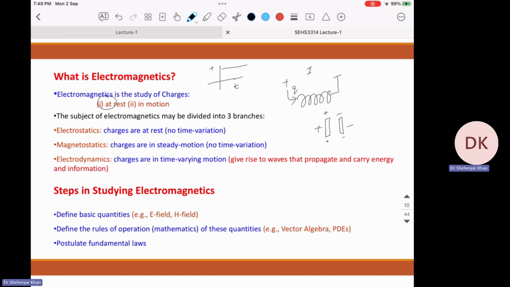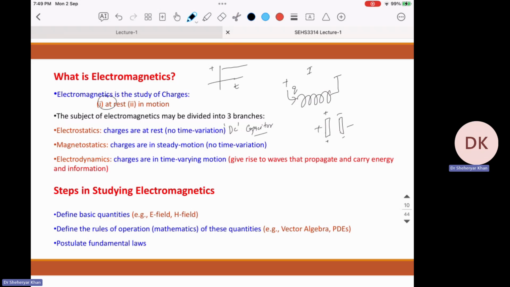No time variation means DC, direct current, right? And charges means there's only electricity. So the example is a capacitor and its related applications. Charges on a capacitor, charges on a plate, right?